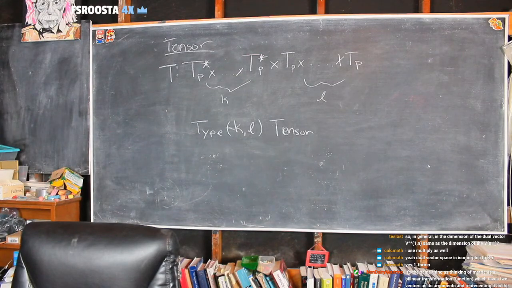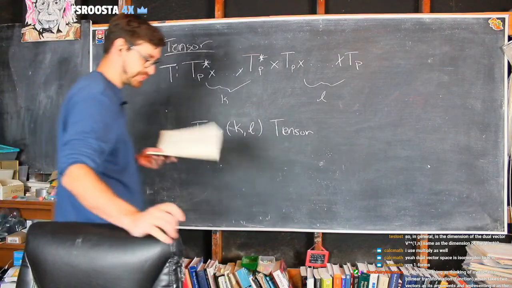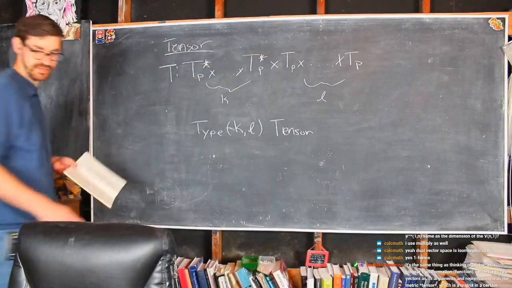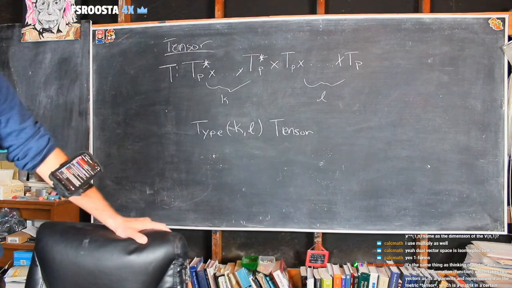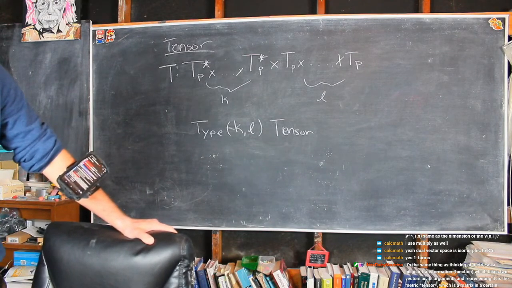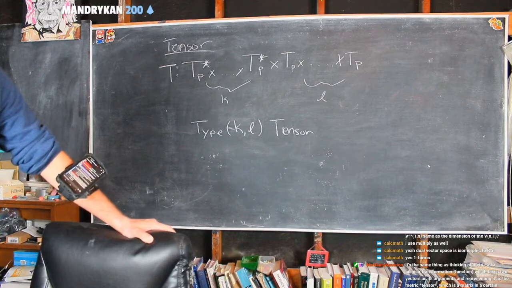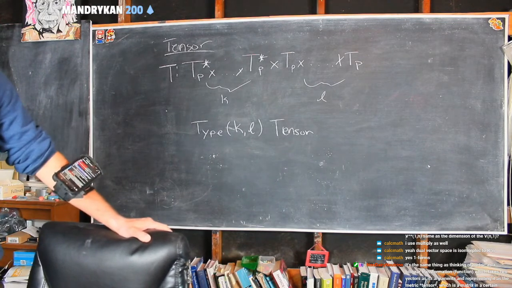For example, you could have a (0, 0) tensor. Let me read the exact thing so I don't screw this up. A scalar is a type (0, 0) tensor. A vector is a type (1, 0) tensor, and a dual vector is a type (0, 1) tensor.